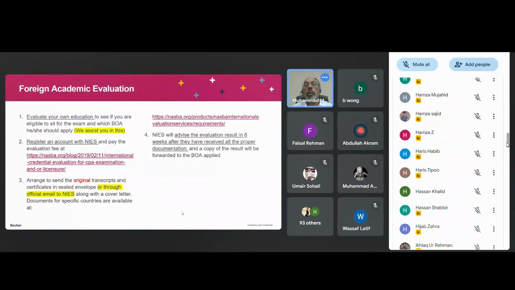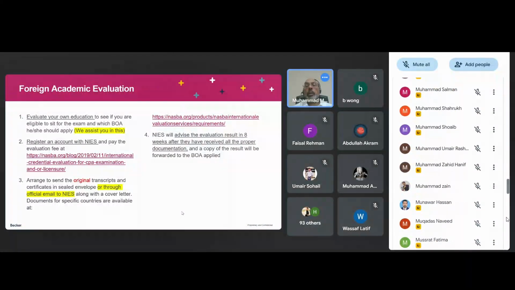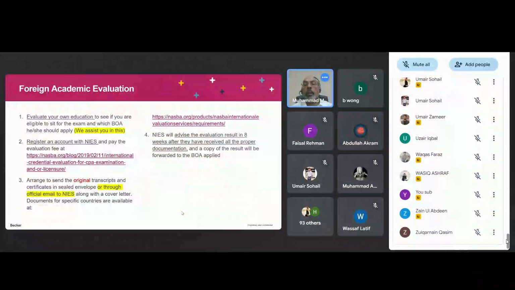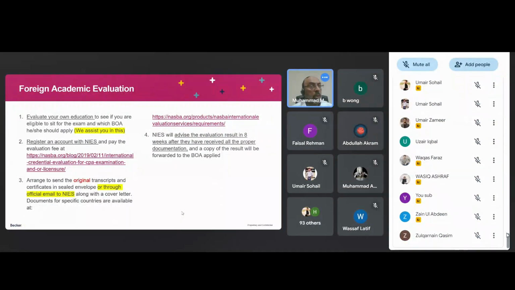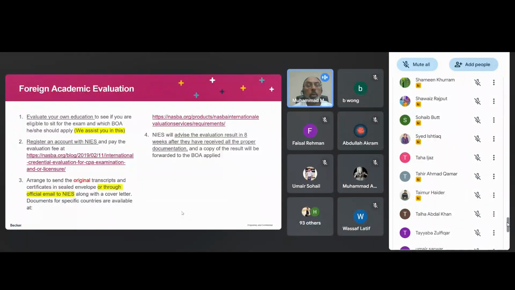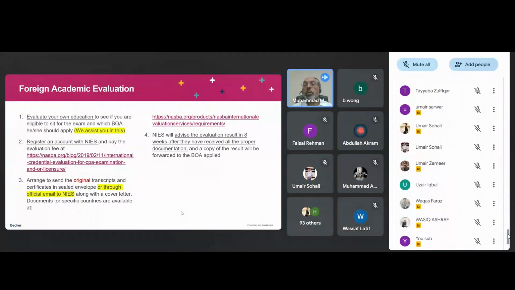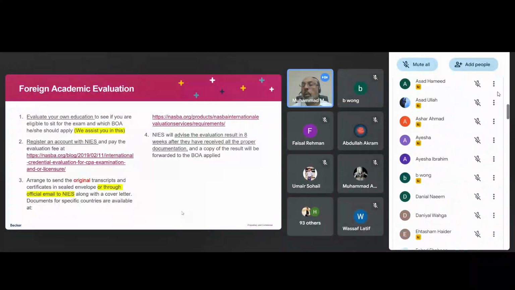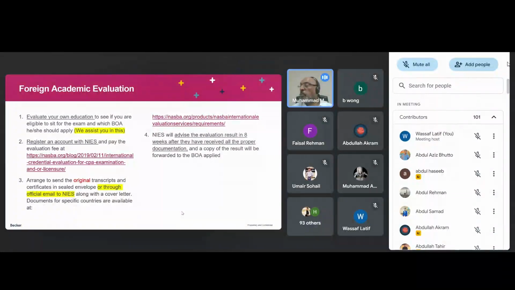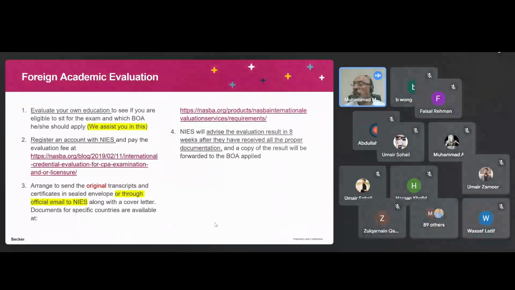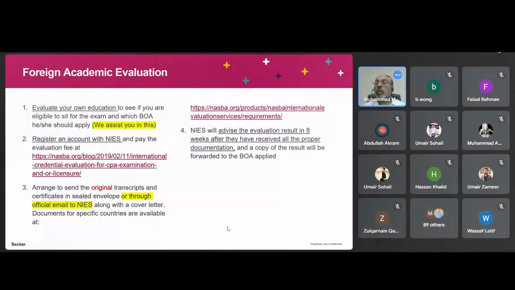Normally, I tell you, the private universities in Pakistan are very cooperative. They send these degrees or transcripts immediately, within a couple of days. But some of the large public sector universities take a lot of time, sometimes nearly 3 to 4 weeks, for sending this document.